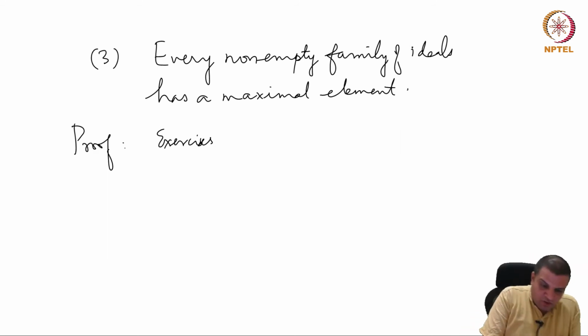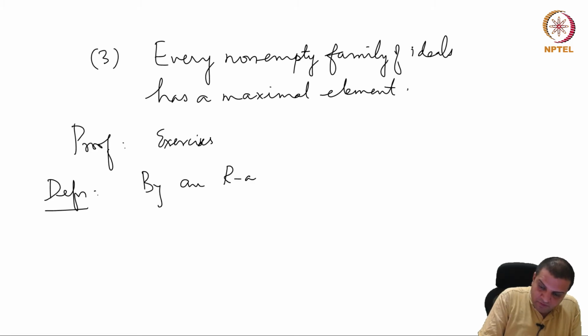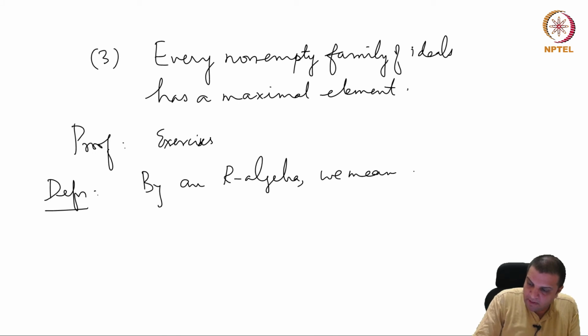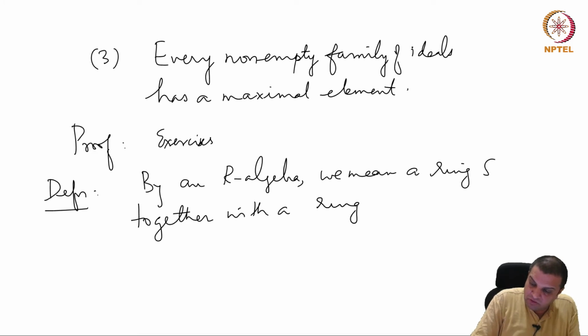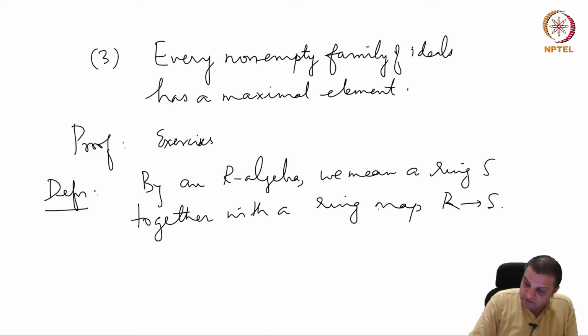Okay, so now we want to talk about homomorphisms. Definition. By an R-algebra, we mean a ring S together with a ring map from R to S. So what makes S an R-algebra is the specification of a ring map.